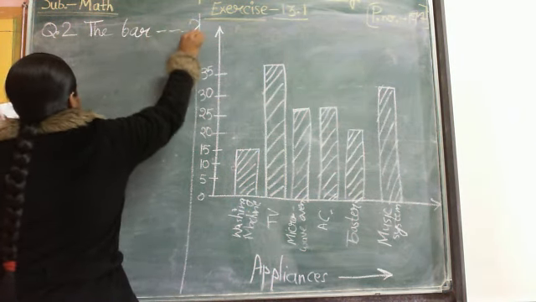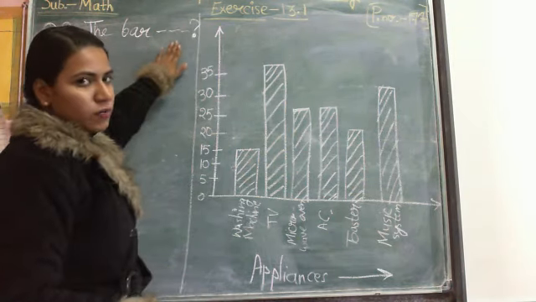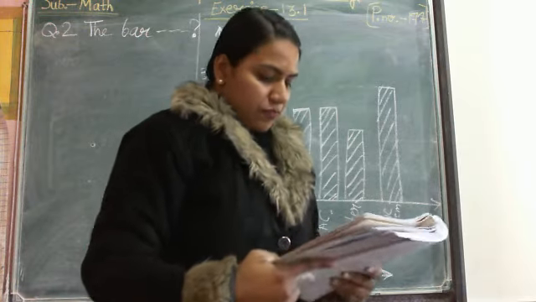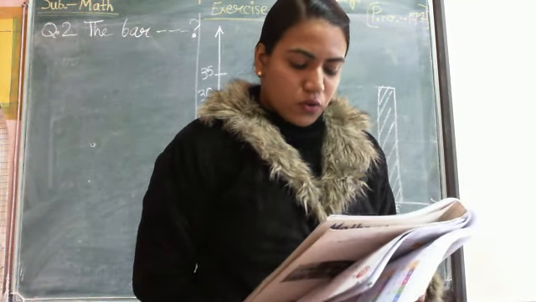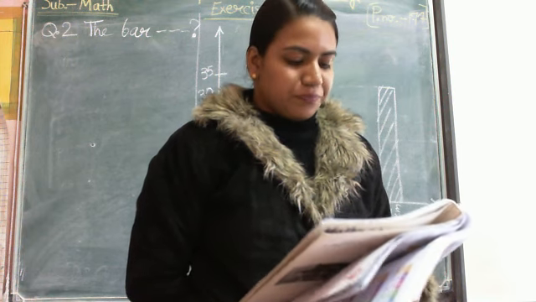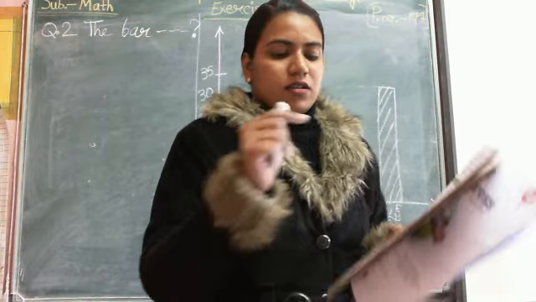you will note down the question completely from the book. I have no space, so I showed it by a dotted line. The bar graph shows the number of appliances sold by a shop in a month. Read the bar graph and answer the following questions.